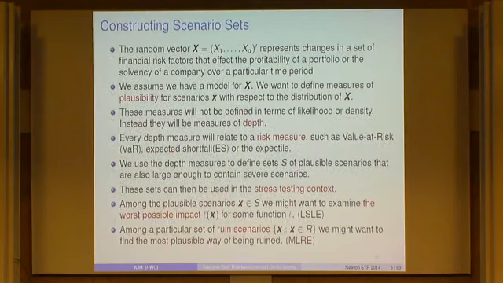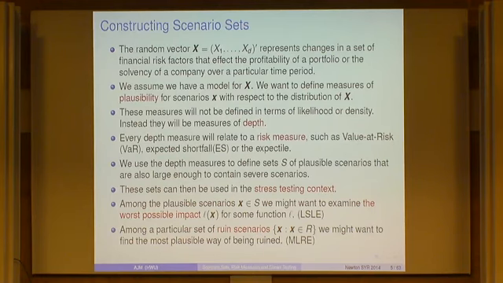So now, what am I going to talk about? I'm going to talk about constructing scenario sets, and the notation in mathematics will be relatively simple. For a start, I'm just going to talk in a static distributional model.